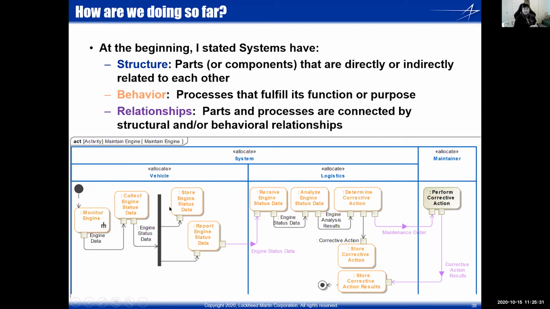You can do this in text if you want. I could just as easily write a sentence that says the vehicle monitors the engine and produces the engine data. And then the vehicle collects that data, turns it into engine status, and then it stores it, and then it reports it. It's really hard to show things that are happening in parallel in a text document because you just write sentence after sentence.